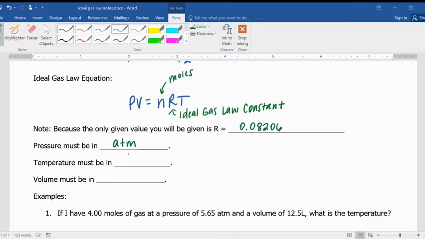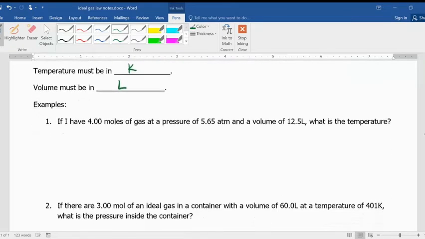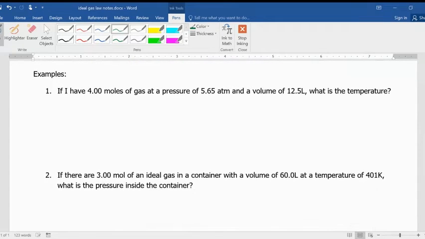Our temperature must be in Kelvin, and our volume must be in liters. And that's just so that all of our units cancel out correctly. So these problems are what I think is even simpler than the combined gas law problems. And we're just going to plug some numbers in and solve for our missing variable.